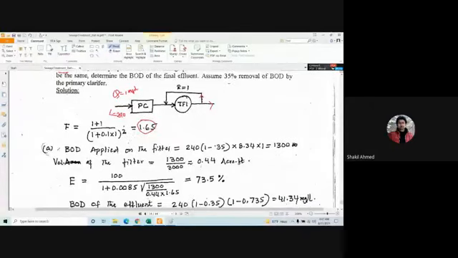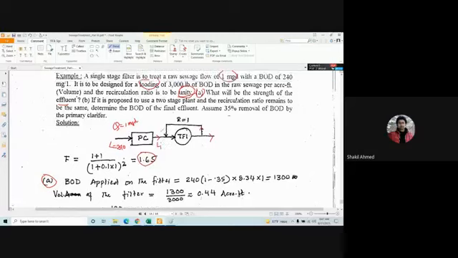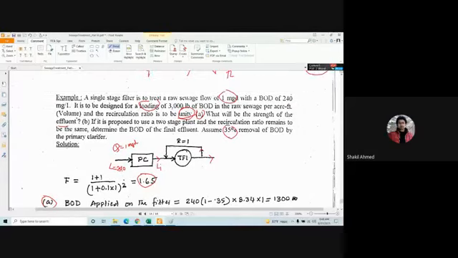Now, in problem number A, BOD load applied on the filter. That means this Li. What would be Li, guys? There is 35% removal in the primary clarifier.